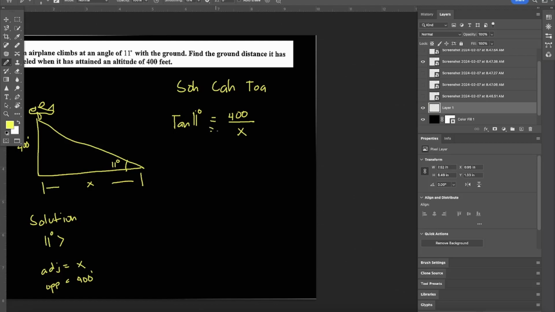If we cross multiply this, it is going to give us our working solution right away. So this is just going to give us x is equal to 400 over tangent 11 degrees.